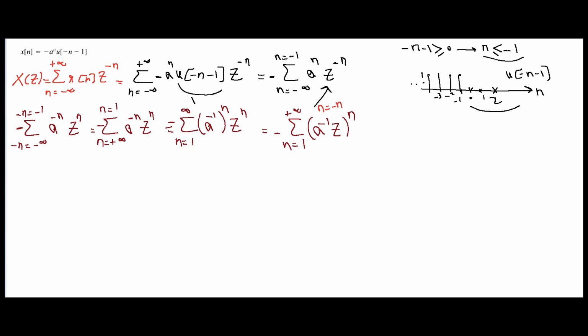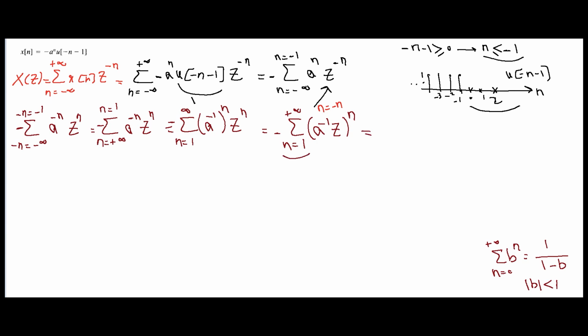Now let's simplify this summation. Recall the geometric series formula that we introduced in the previous Z transform lesson. The summation from 0 to positive infinity of b to the power n is equal to 1 divided by 1 minus b, provided that the magnitude of b is less than 1.